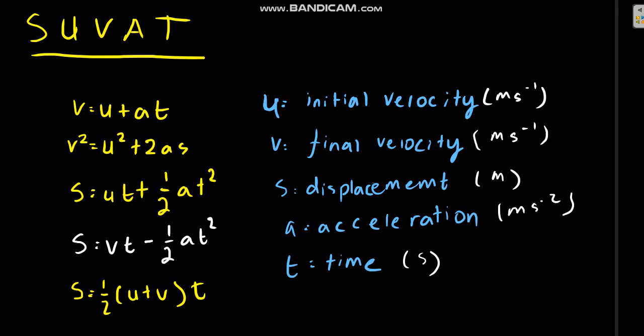S represents displacement, not speed. V represents final velocity. U represents initial velocity. And you should memorize the units as well. We're going to be looking at these equations in practice later.